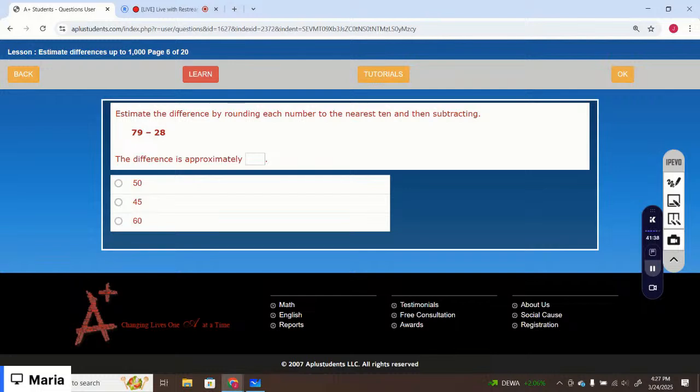So 80 minus 30 equals 50. The correct option is option number 1. That is 50.